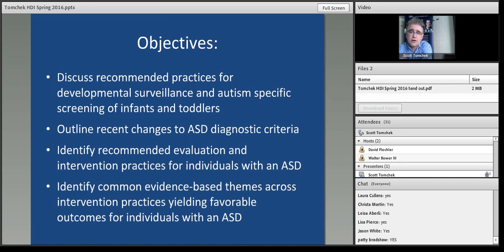In addition to those, many pediatricians actually incorporate it into all visits so that we're really sure that we're tracking development and watching developmental growth in children. The link on the screen is to the Center for Disease Control website. It provides a lot of information on what the AAP recommends from a screening perspective.